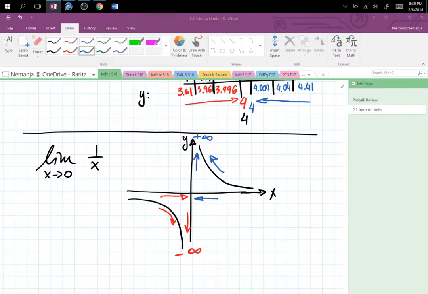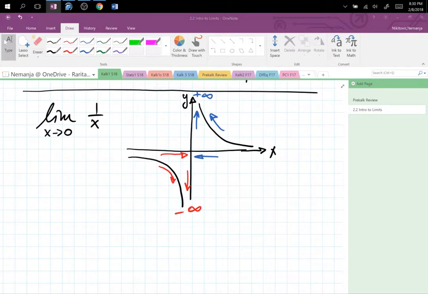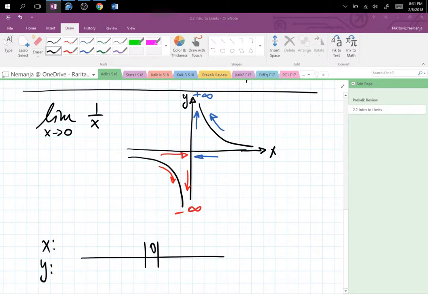Now we can see this in the chart of values, just like we did for the previous example. I'm going to have my 0 in the middle, x and y values, right? And then I'm going to approach from the left and from the right.